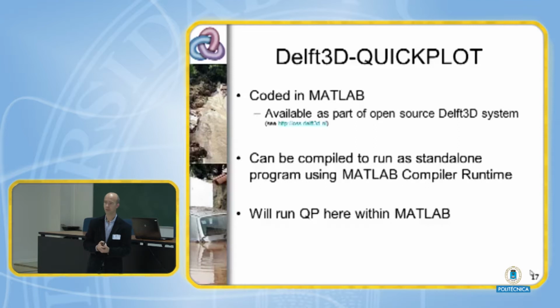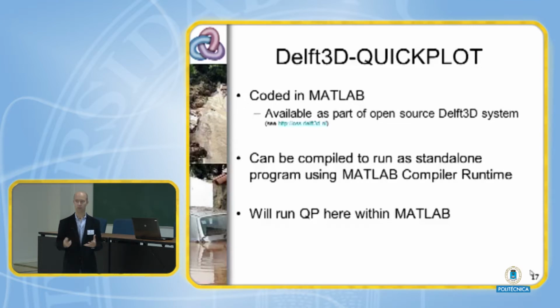For the standalone tool, we use Delft3D QuickPlot. It refers to the Delft3D hydraulic modeling system. It was originally just a visualization tool for that package, but it has been extended to be used also for other models. It's coded in MATLAB.